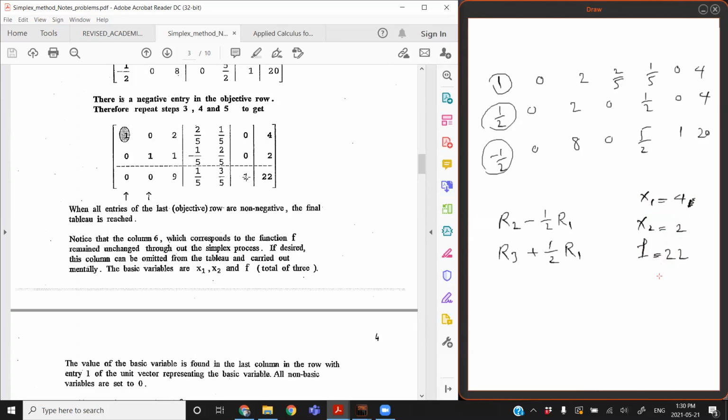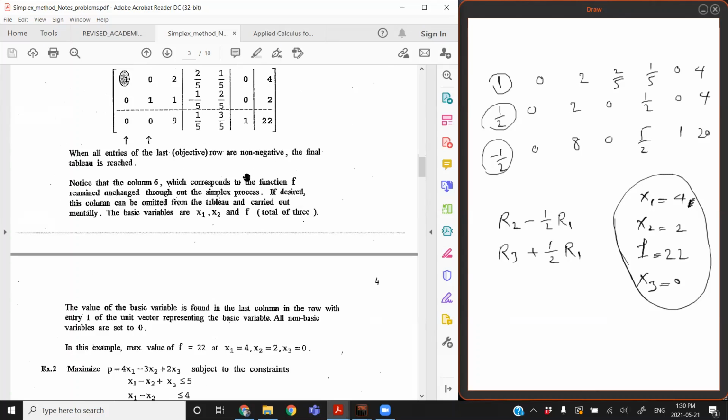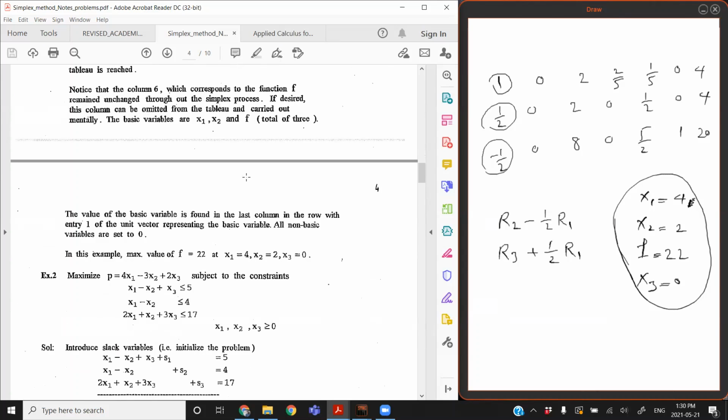What about x3? x3, which is a non-basic variable, is supposed to be 0. So this is the answer to the simplex problem. That is, the maximum value for f would be 22, and that maximum value would be attained if x1 is 4, x2 is 2, and x3 is 0. Are we good?